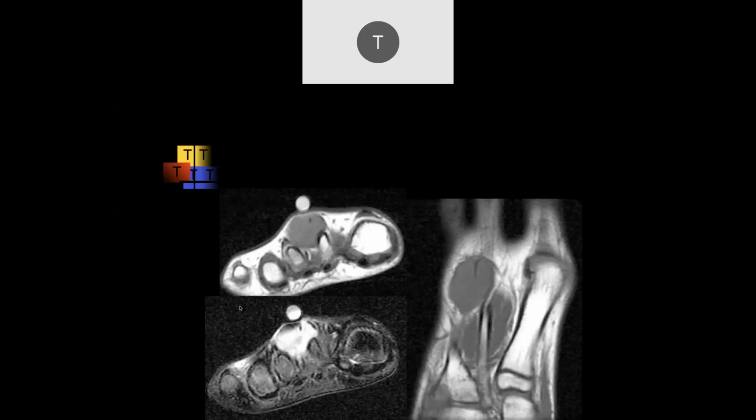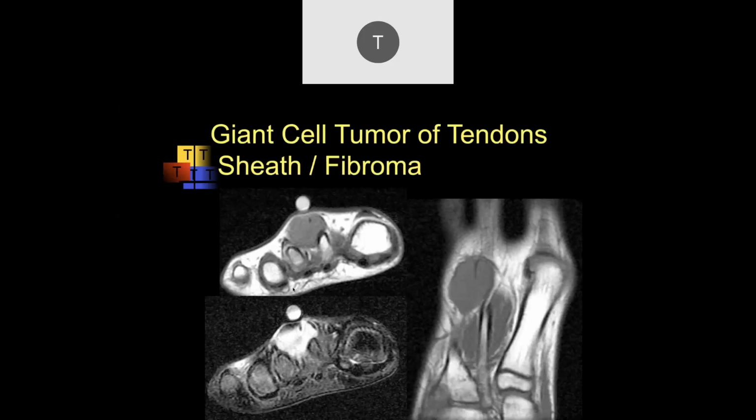Looks pretty well circumscribed, involving the intermetatarsal space there. I mean, looks pretty benign. Looks very well circumscribed with the enhancement. This turned out to be a giant cell tumor of the tendon sheath. They don't have to be low in signal intensity.